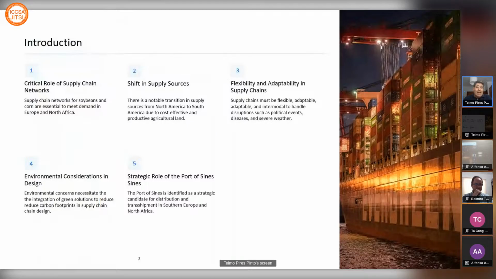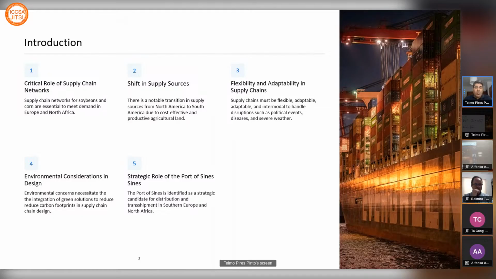This slide highlights the critical importance of supply chain networks for soybeans and corn in meeting demand across Europe and North Africa. We are seeing at the moment a significant shift in supply sources from North America to South America, driven by the availability of more cost-effective and productive agricultural land in South America.